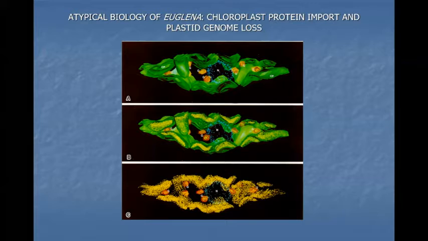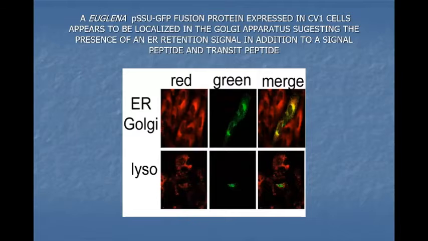The importance is that here in yellow, we see the immunogold labeling of the chloroplast protein. It's not surprising that it's in the chloroplast. What was surprising is that it was in the Golgi apparatus. And this led to, at least in my lab, the biochemical studies to look at the processing.